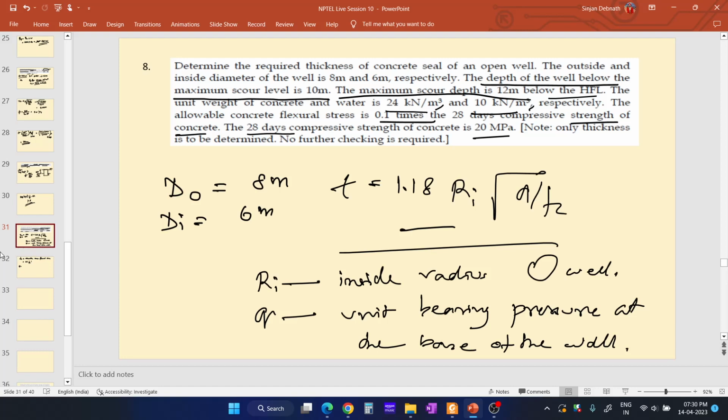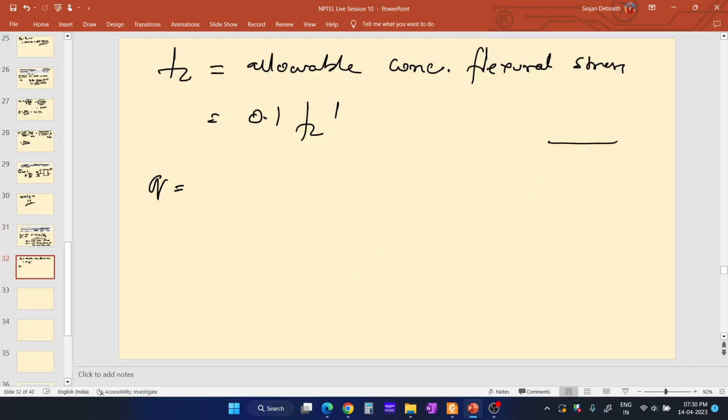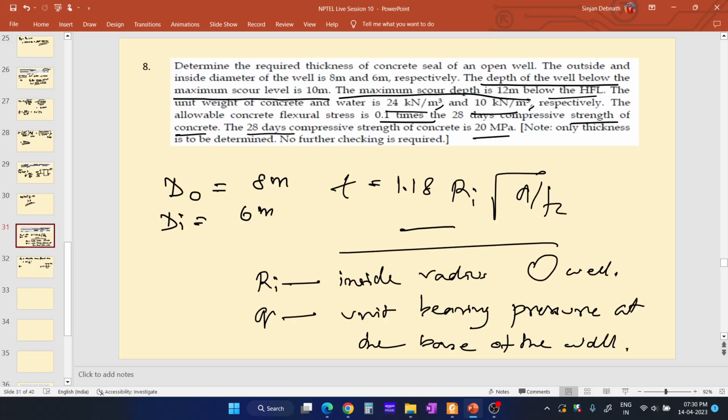The depth of well below the maximum scour level is 10 meter, and also the maximum scour depth is 12 meter below HFL. So suppose this is HFL, and this is the scour depth SD. Up to that, the maximum scour depth is 12 meter below HFL.